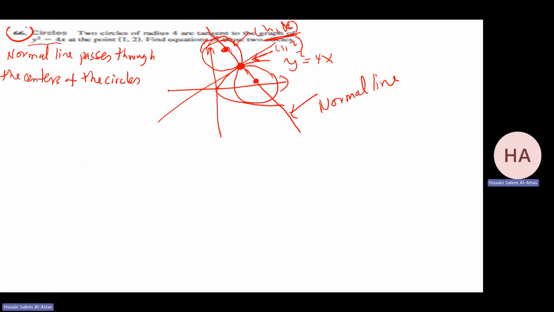The tangent line: I have y squared equals 4x. Differentiate: I have 2y y prime equals 4, so y prime will be equal to 2 over y.